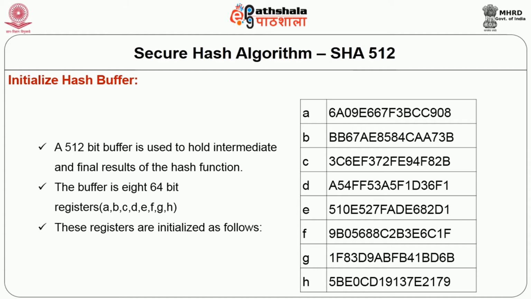After the registers have been initialized, we are going to do the next step, but just reminding you that those 8 64-bit registers store data in big endian format. Big endian format suggests that the most significant byte is stored in a low address, that means the leftmost byte position. So keep in mind that it uses big endian format.